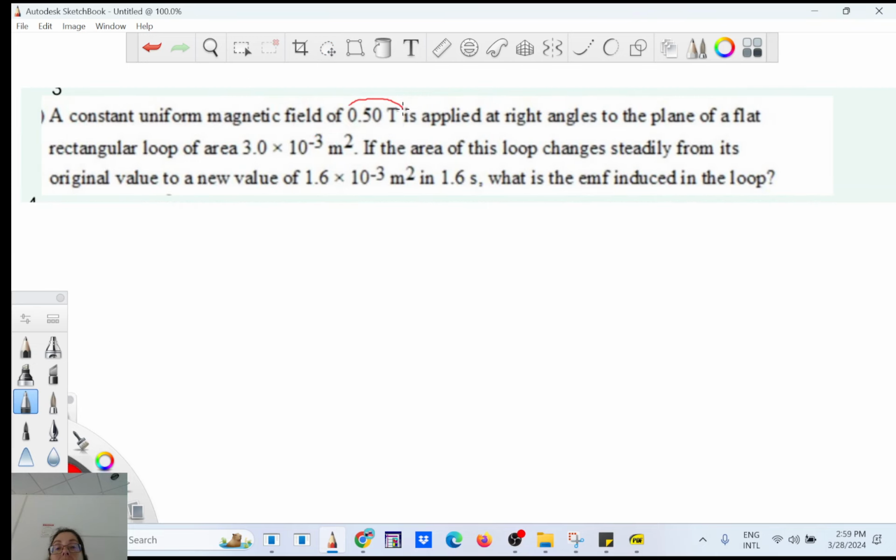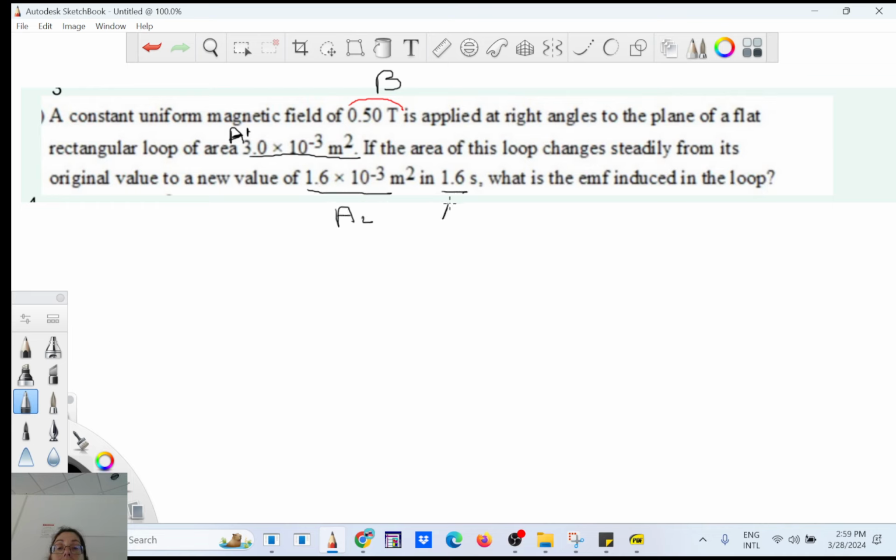Okay, so this is constant. Plus, it's rectangular. So that will be the area. So that will be area 1, then it goes area 2.